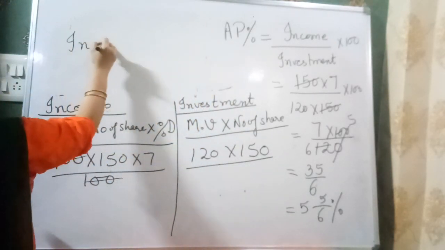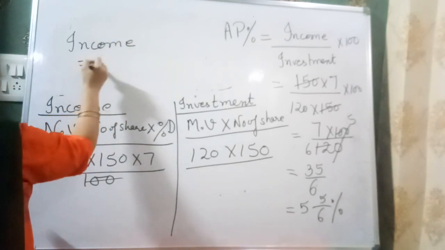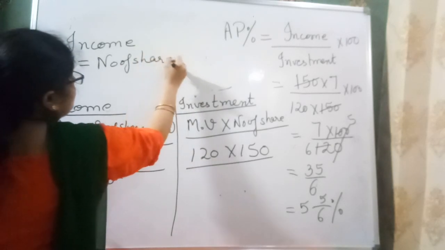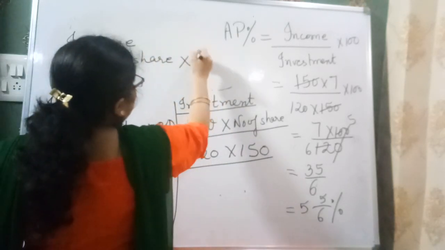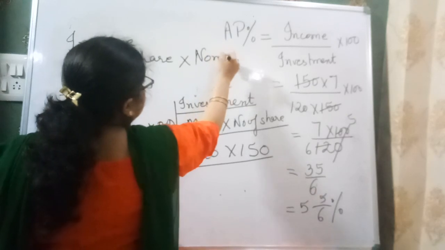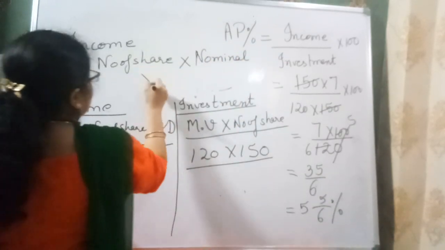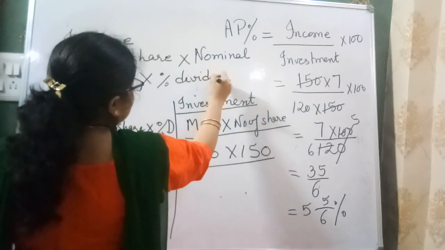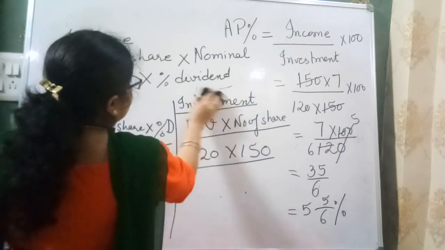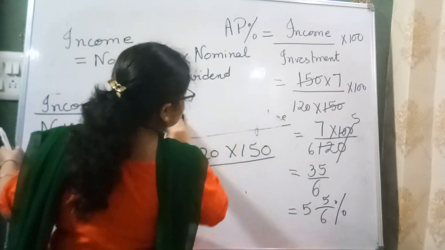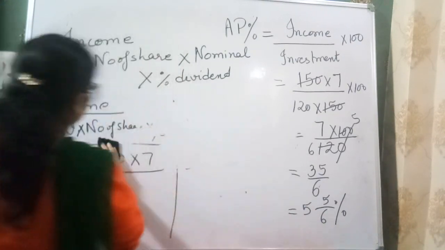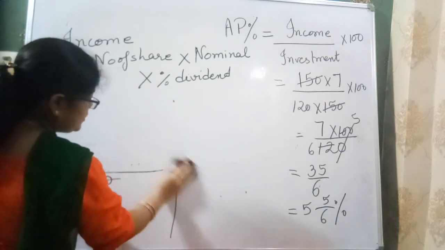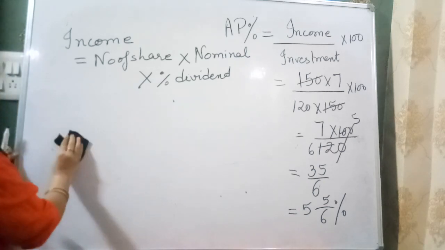Income: in order to find the income, we multiply number of shares with nominal value into percentage of dividend announced by the company for the shareholders. Clear?